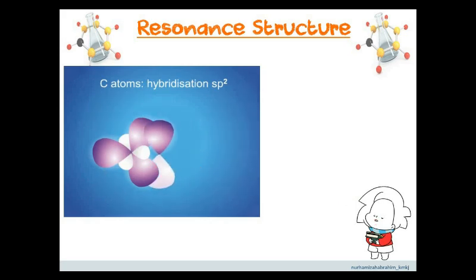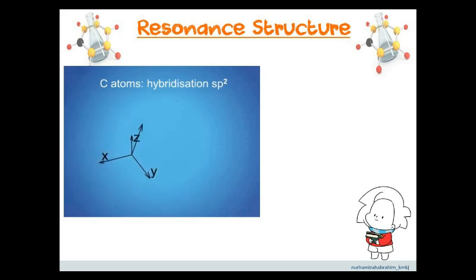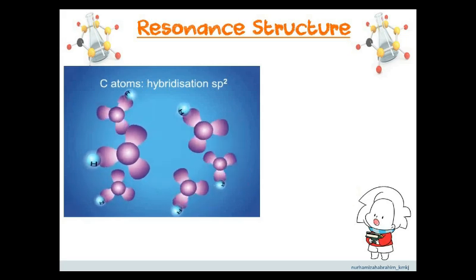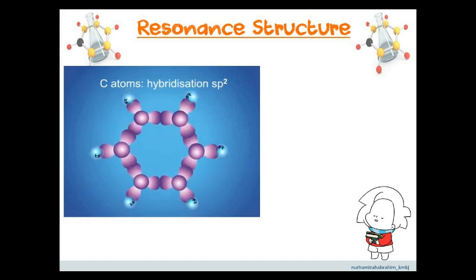The p orbital is perpendicular to this plane. Each orbital contains one of the 4 valence electrons of a carbon atom. 1 sp2 orbital of every carbon atom forms a sigma bond with a hydrogen atom. The remaining 2 sp2 orbitals bond to adjacent carbon atoms.